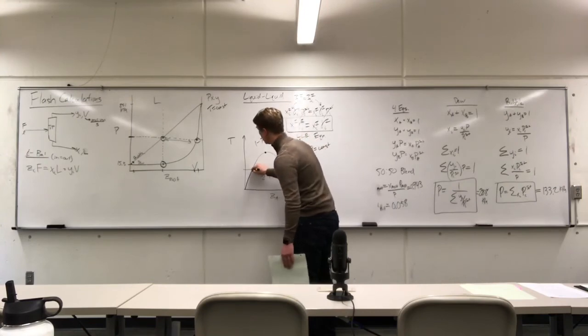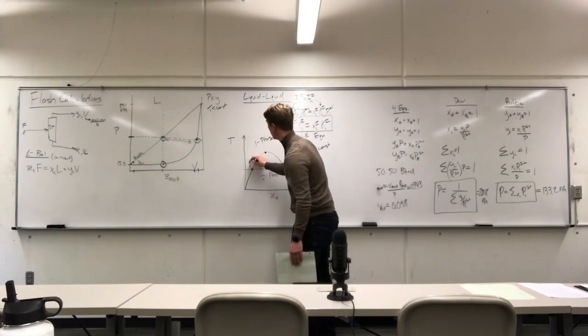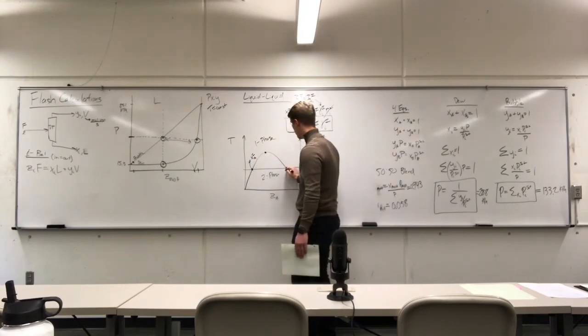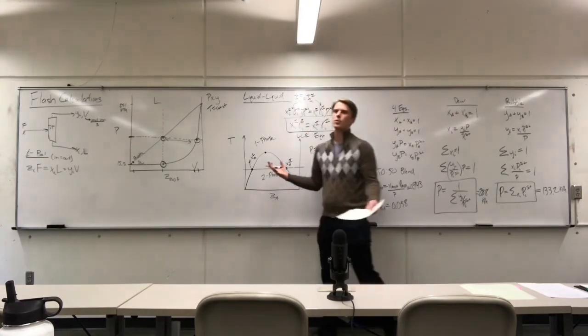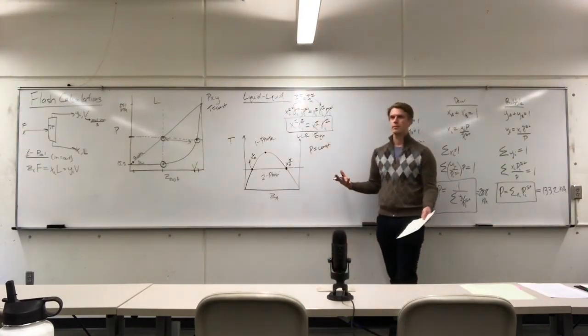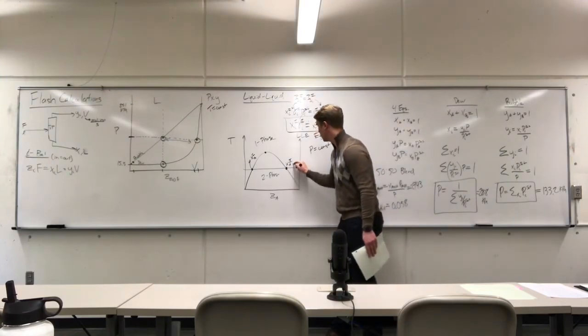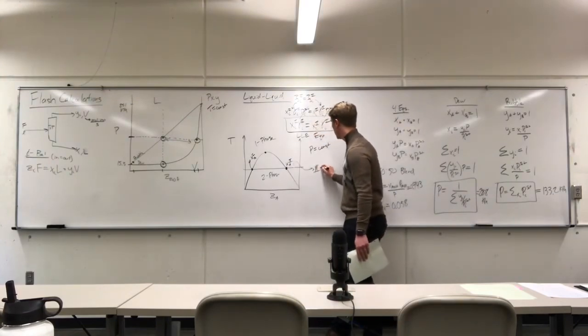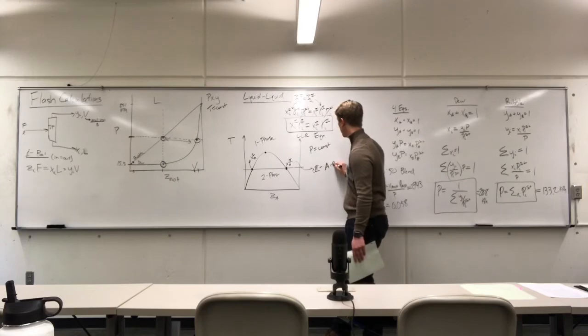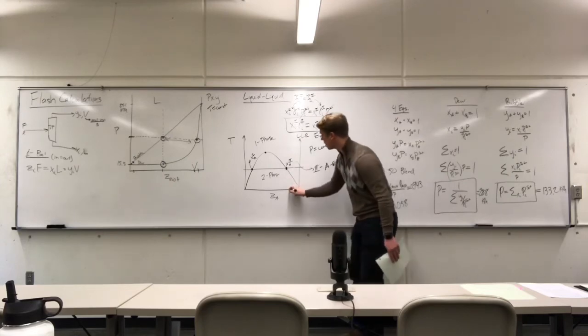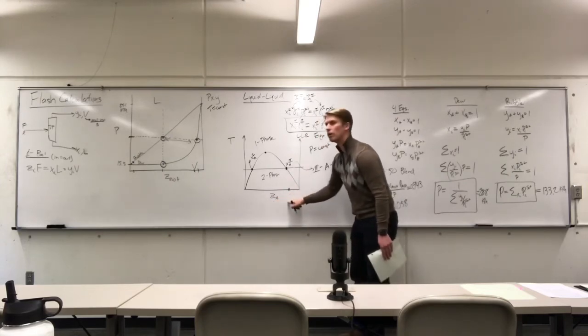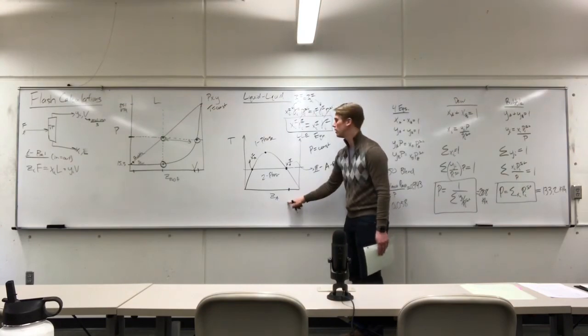This point right here is going to be the composition of fluid A in phase 1. This one here is going to be the composition of fluid A in phase 2. I could switch 1 and 2. It doesn't matter. This fluid over here, fluid 2, we would call A rich because the composition has much more A in that fluid.